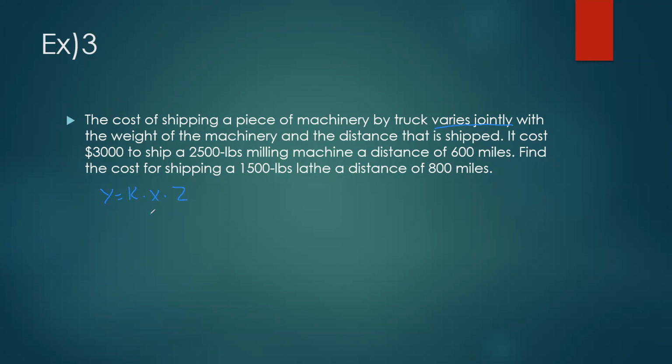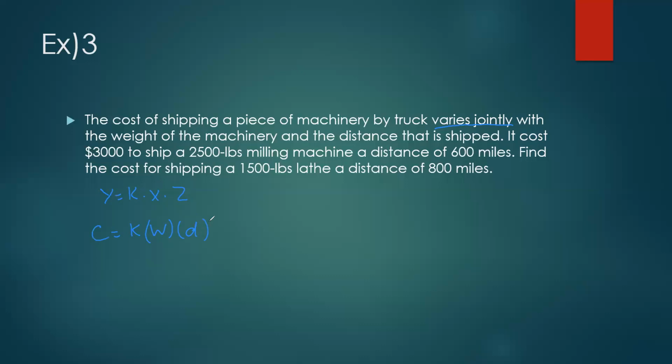The thing is, we're not going to use y, x, or z. We'll replace y with cost, leave k alone. What about x and z? With the weight, maybe we can replace x with w, and then we can replace z with the distance. So this is our equation we're going to use.